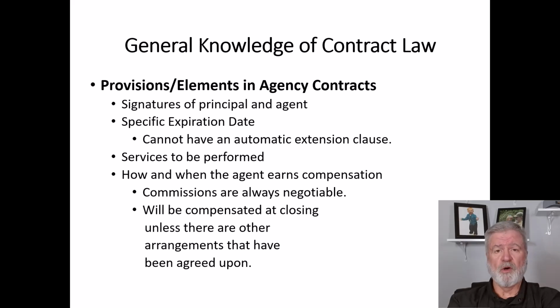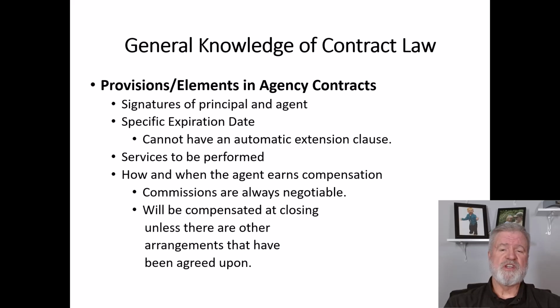But every single one I've ever read specifically states that the commission or compensation is deemed earned at the time the contract of sale is agreed upon. So once the buyer and seller have a ratified contract, they both agreed on the purchase and sale of the property, at that moment, I've earned my commission. Whether it closes or not, I've earned my commission.